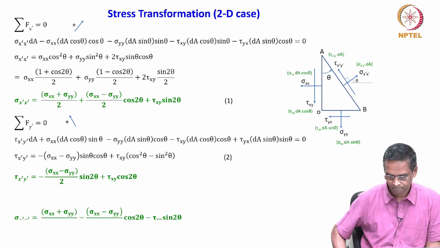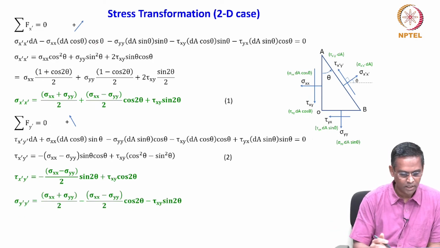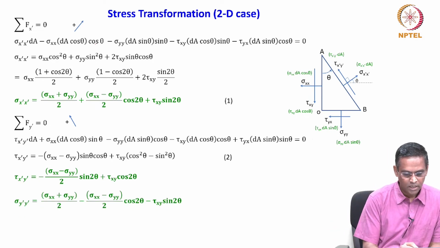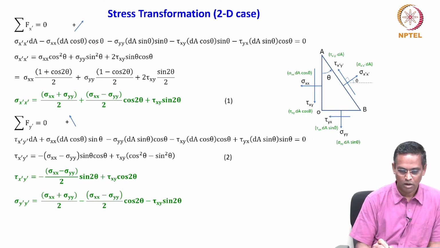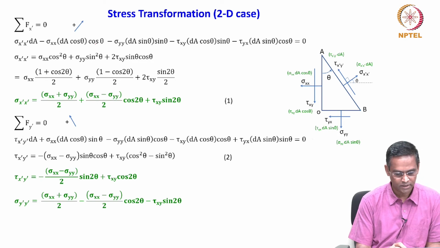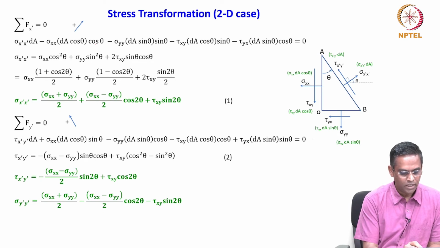So this is another shear stress equation. Similar to the normal stress, if you plug in the 2 theta value for an arbitrary plane or member, you will get the shear stress.